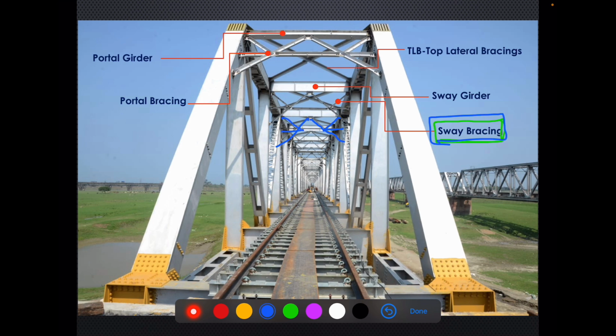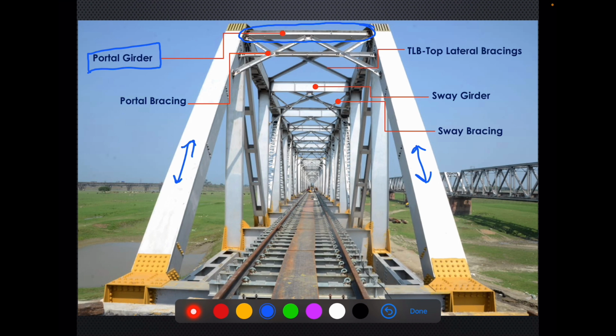These are sway bracings. And at the end, we have these end rakers, right? The top girder which connects these two end rakers is called portal girder. This was sway girder and this is called portal girder. The bracing associated with portal girder is called portal bracing.